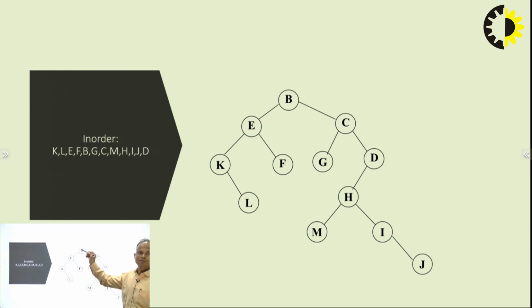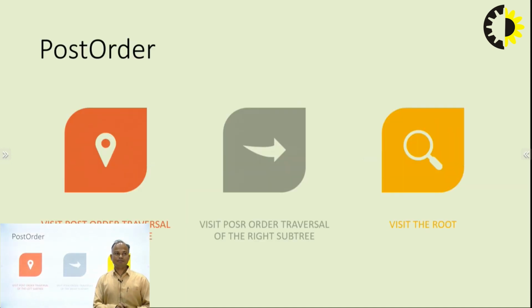Now a similar case for B: the left part has been visited, B has been visited, and the right part has been visited. So in this particular example, you are able to see the working of in-order sequence, and I am quite confident that through this example, you can visit any tree using the in-order sequence. Now, we have the next traversal sequence, called the post-order traversal.